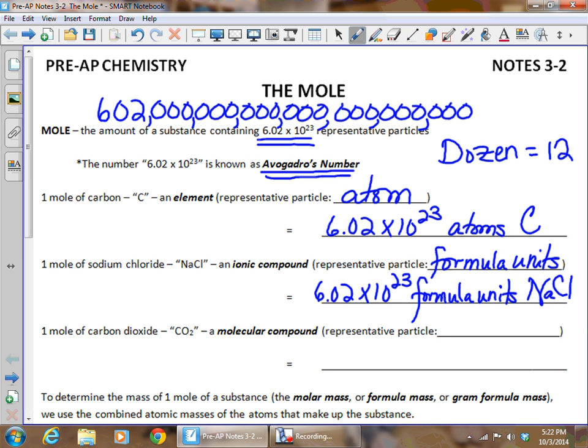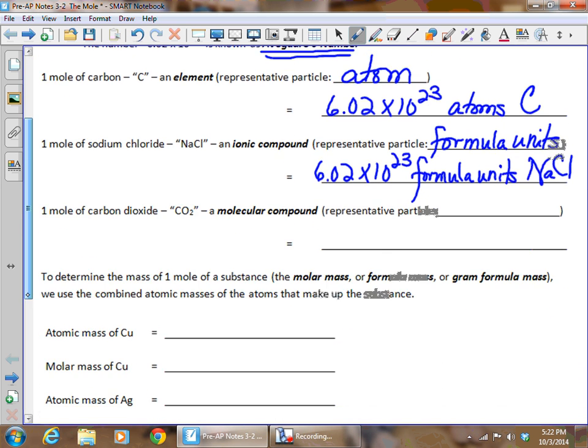And 6.02 times 10 to the 23rd formula units of NaCl would be very different in both mass and volume from 6.02 times 10 to the 23rd atoms of carbon. One carbon atom and one formula unit of NaCl are different in mass and volume. So a mole of each of them would be very different as well.